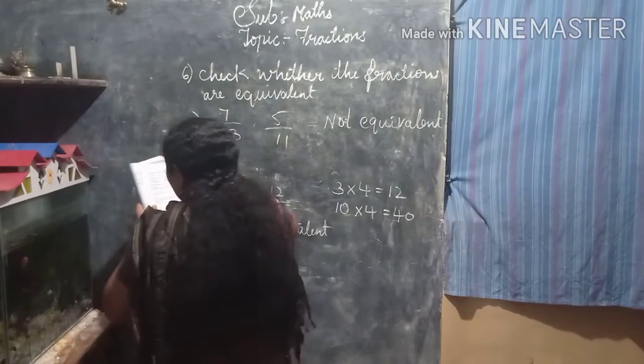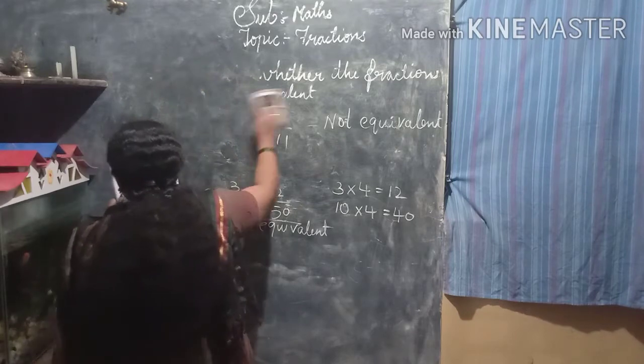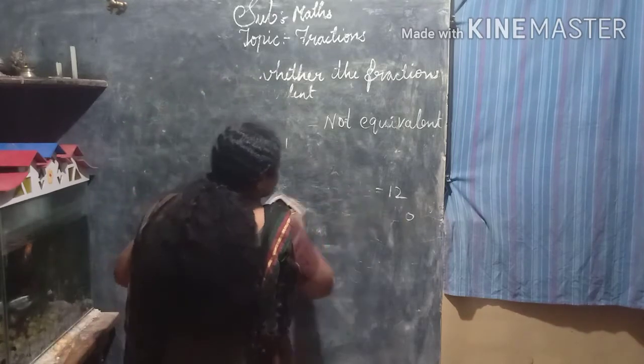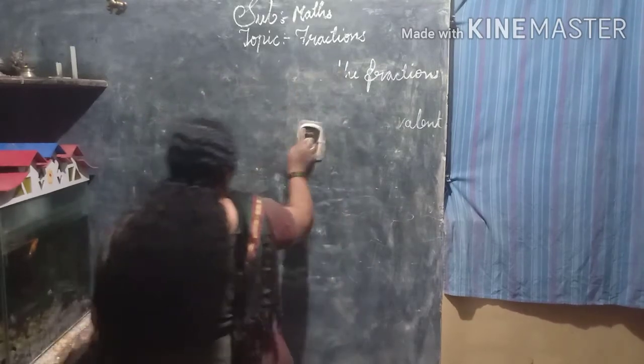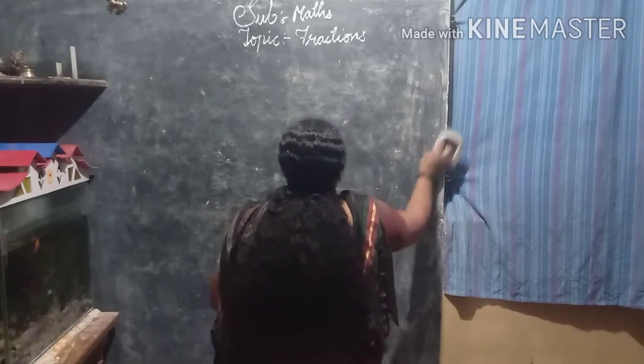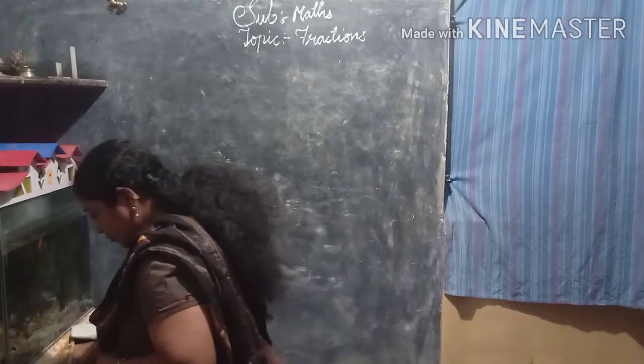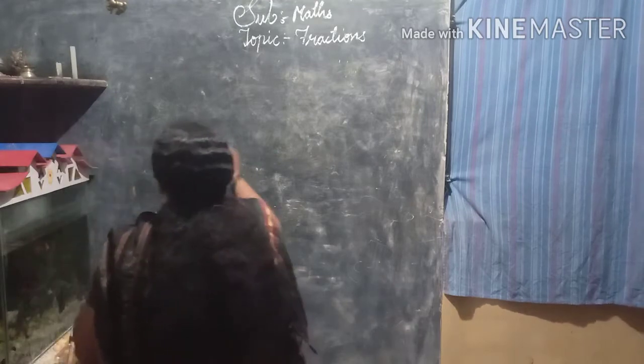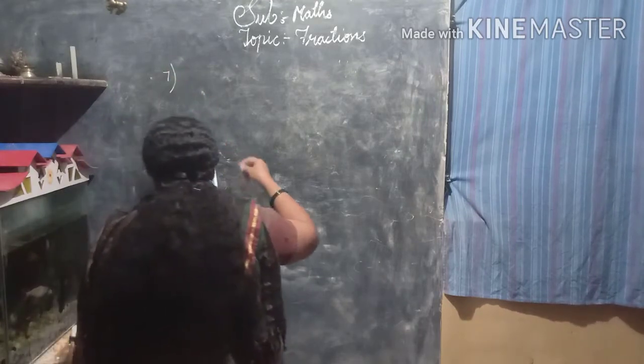So now look at the seventh one. Reduce the following fraction into the simplest form. Seventh one.